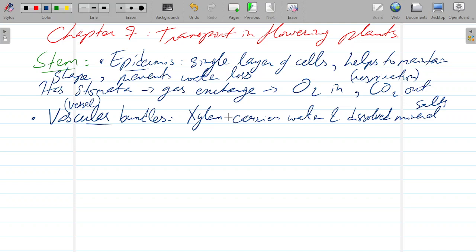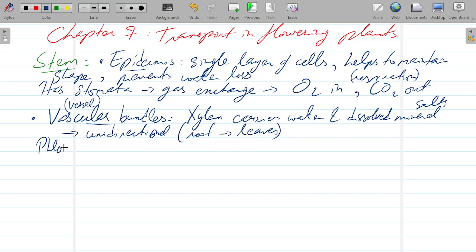And the direction of movement in the xylem is from the root to the leaf, so it's unidirectional. Water only flows one way, from the root to the leaves.